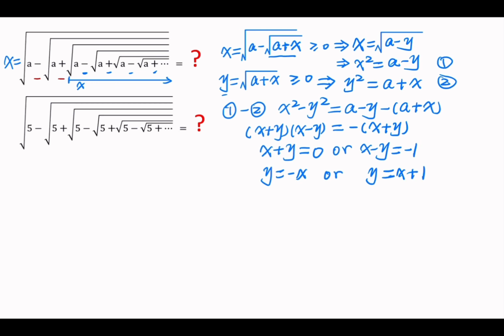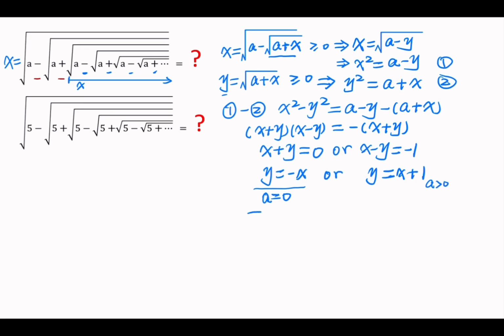And then the only situation where y equals negative x is when they equal 0 together. So a equals 0, x equals 0, and y equals 0. And then if a is greater than 0, let's go to the second equation.